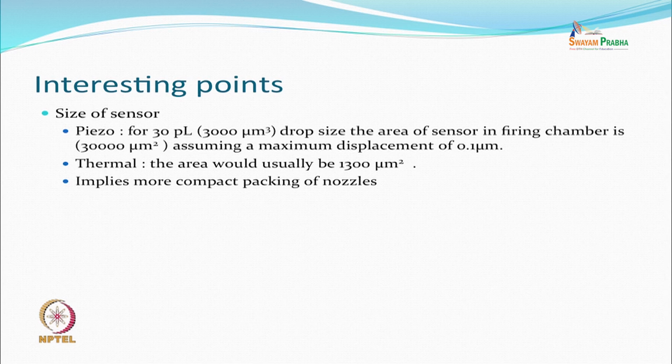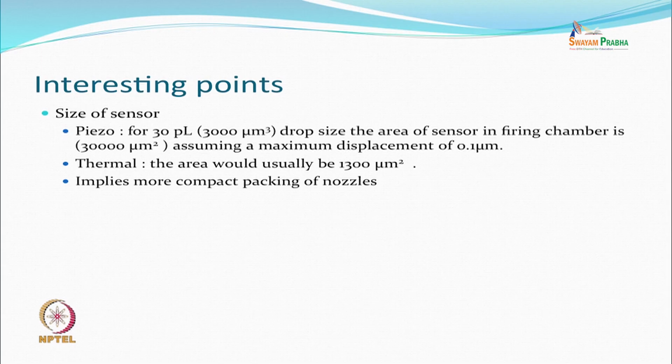assuming that the maximum displacement is 0.1 micrometer for one pulse. That is the maximum. So if you want to get a 30 picoliter drop, you should have close to an area of 30,000 micrometer square.